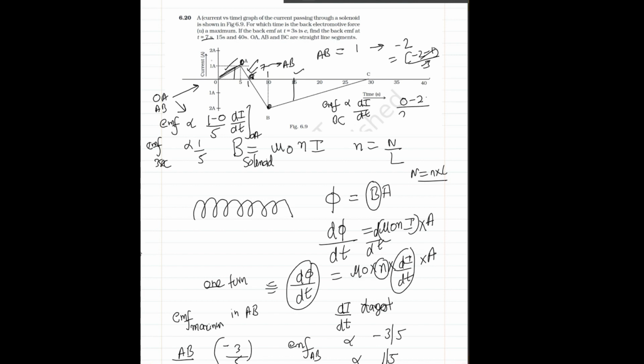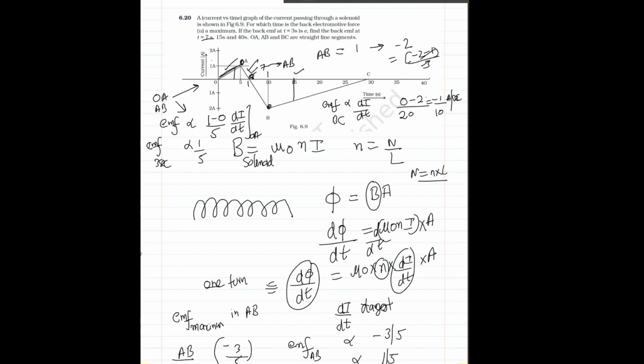Now let's go to the last part of the question, which is you have to find the EMF in BC, right? If you notice BC, the current is rising from -2 amperes to 0, right? So you can write this as 0 minus -2.